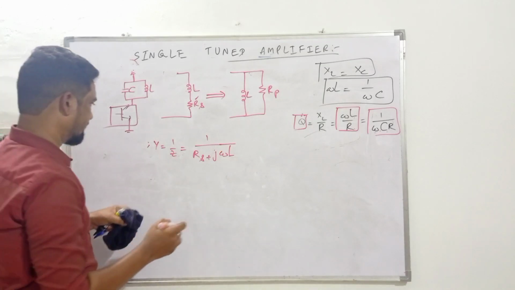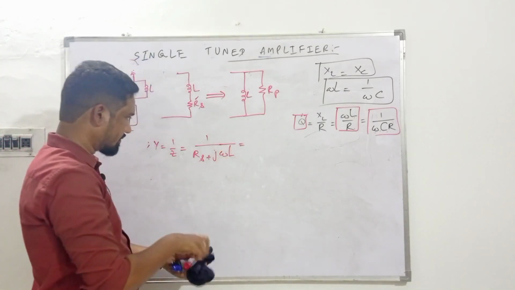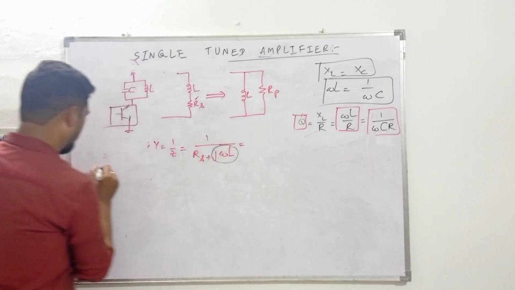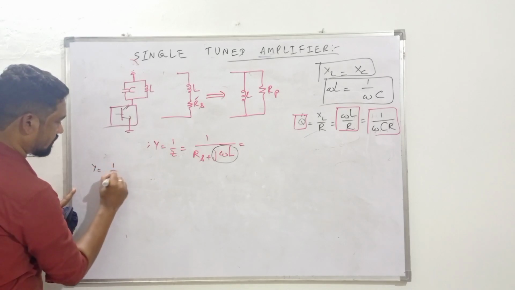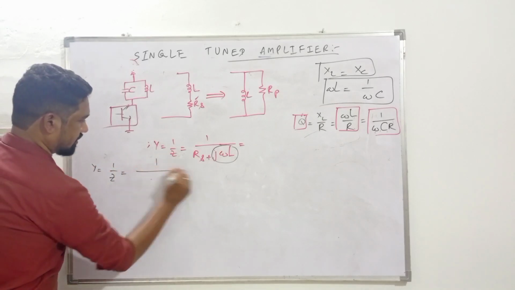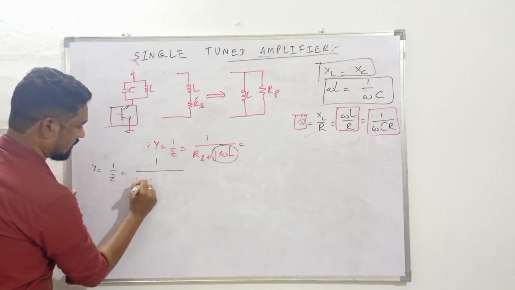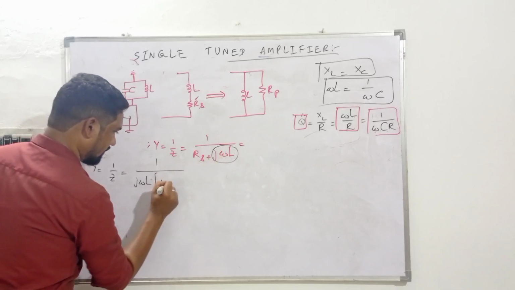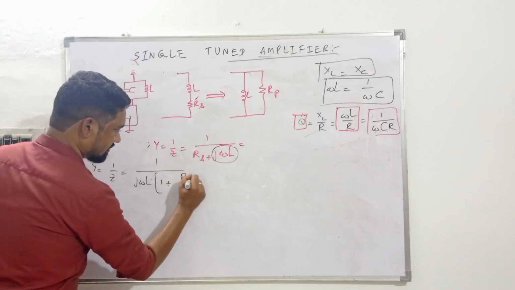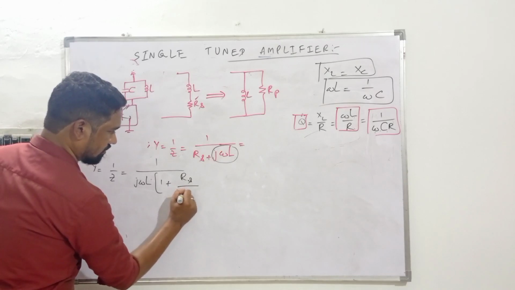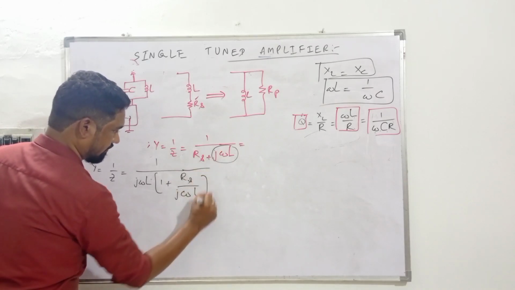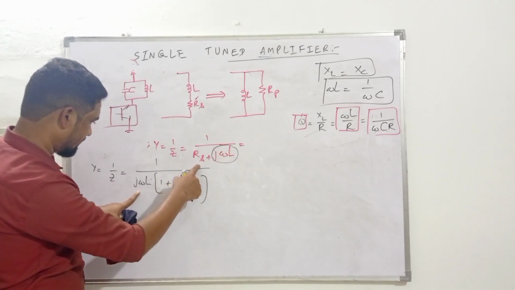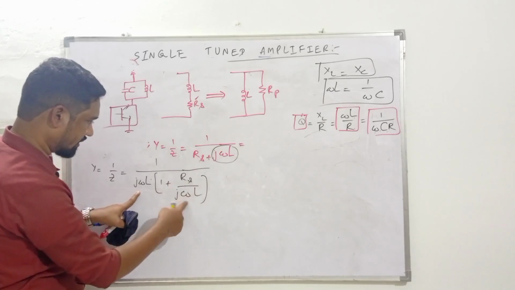All right. So guys, taking out j omega L as common from both terms, what do we have? Y, which is equal to 1 upon z, is equal to 1 upon j omega L times (1 plus Rs upon j omega L), because j omega L came out as common from both terms.